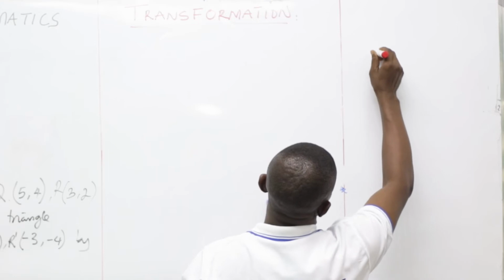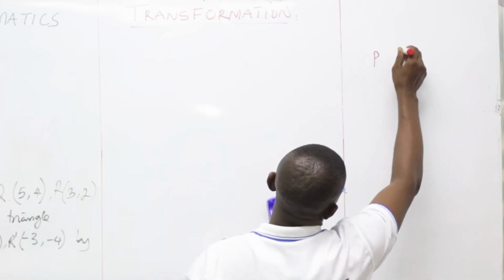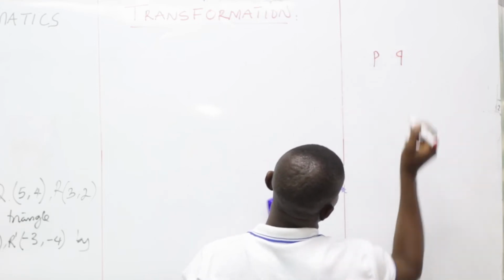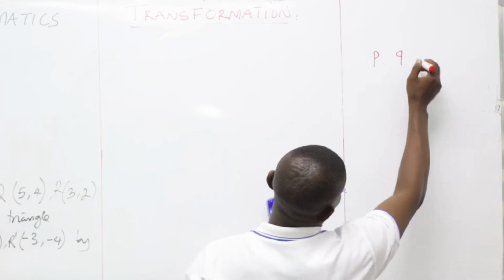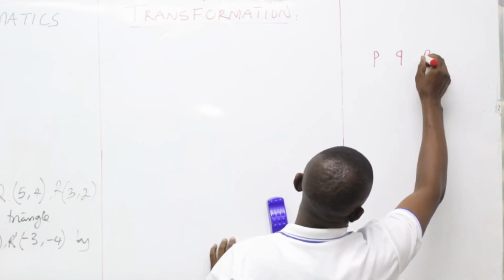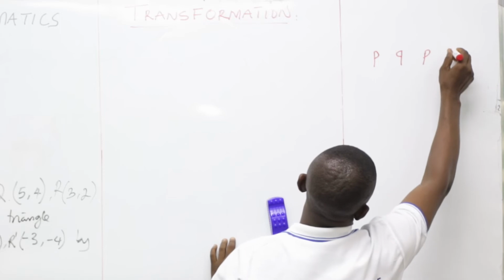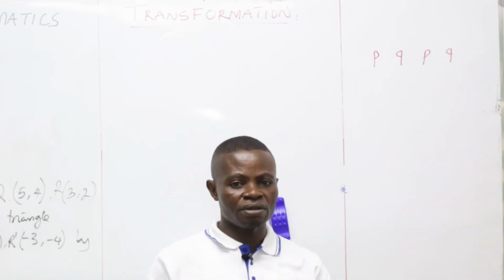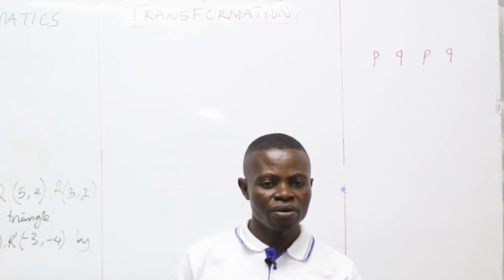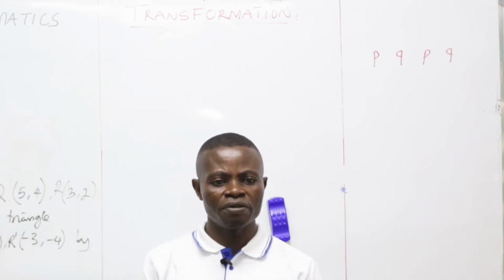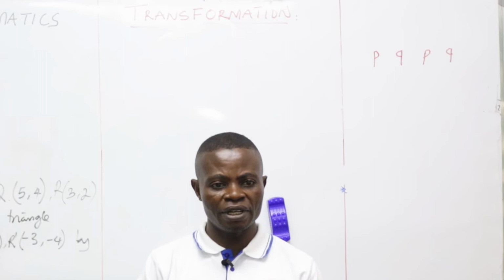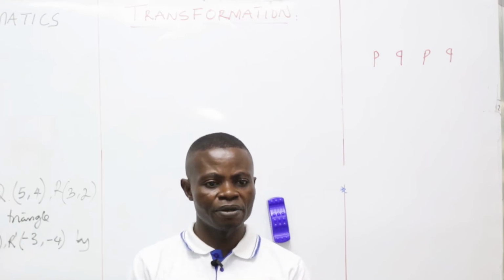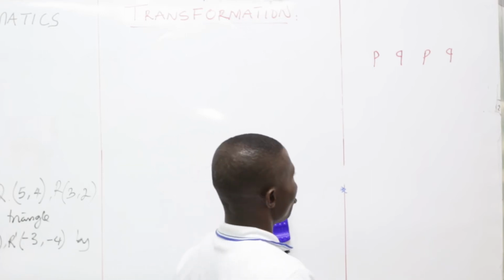If this P reflects, it will come this way, looking like Q. Reflect it again. In other words, you can call reflection a flip. When you have a notebook, as you flip this way, that is reflection. You are flipping, flipping, flipping.